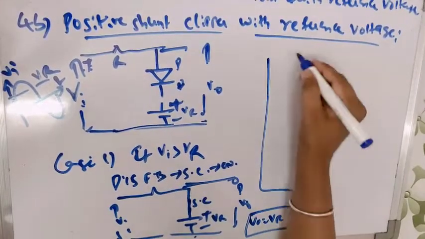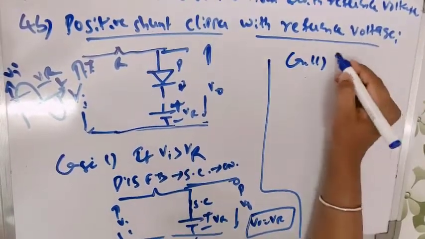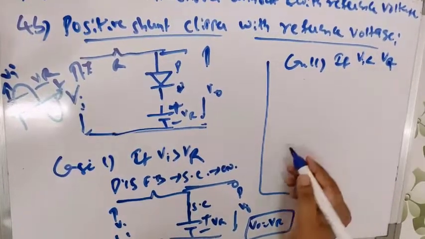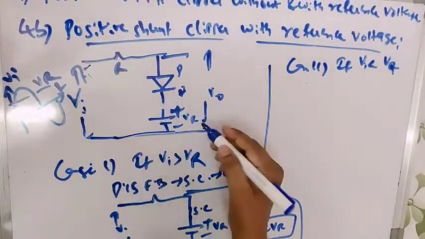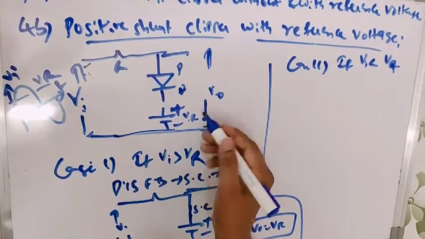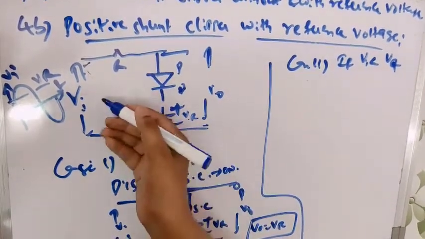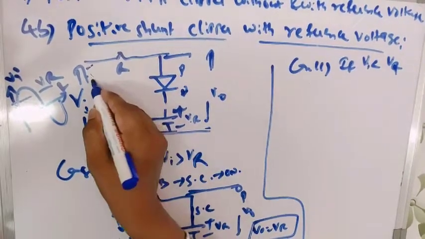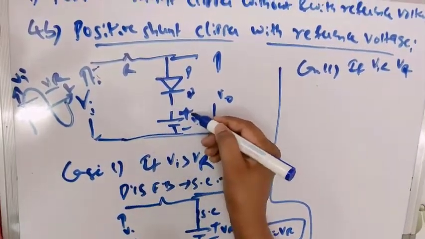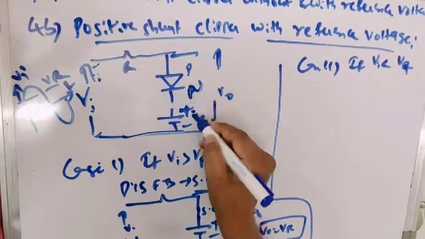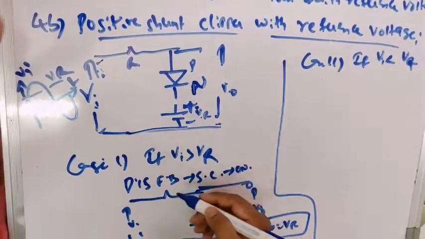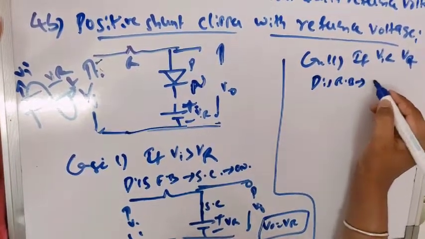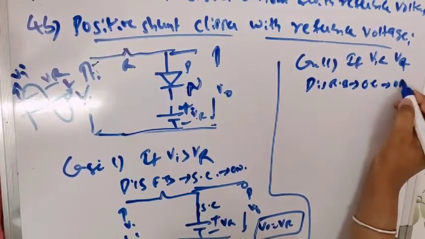Now case 2, what happens when Vi is less than Vr? If the reference voltage is 2 volts and we apply less than 2 volts, maybe 1 volt or a negative voltage, what will be the output voltage? Now, with Vi less than Vr, more positive voltage is given to the N type, which means the diode is reverse biased. A reverse biased diode is considered an open circuit, and it is off.